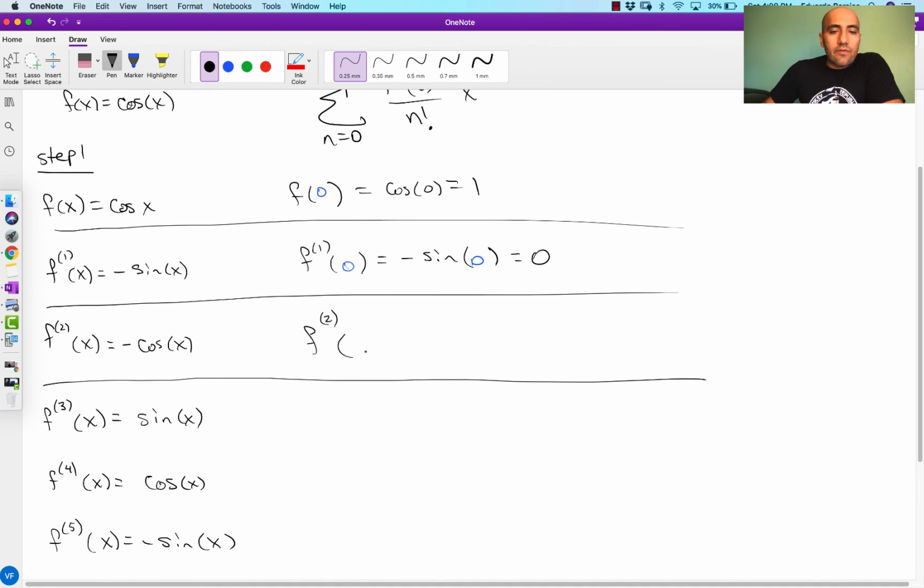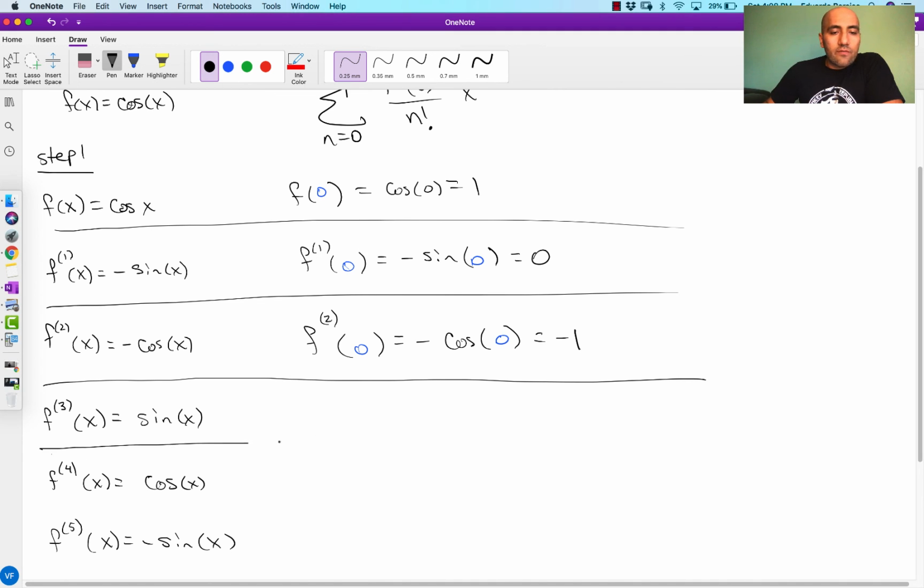The second derivative evaluated at 0 gets you negative cosine of 0. Cosine of 0 is 1, so this is going to give us negative 1. Good.